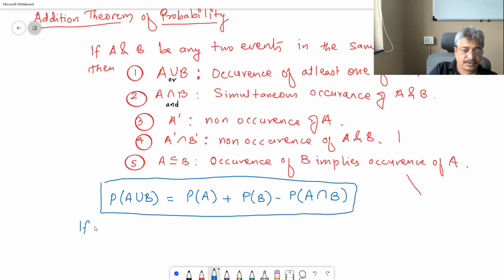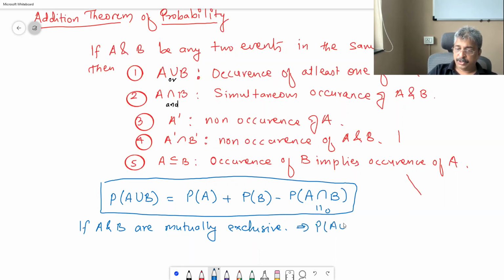Now, if A and B are mutually exclusive, what does it mean? Mutually exclusive means the probability of A intersection B is equal to 0. Then the probability of A union B is equal to the probability of A plus the probability of B. Simple.